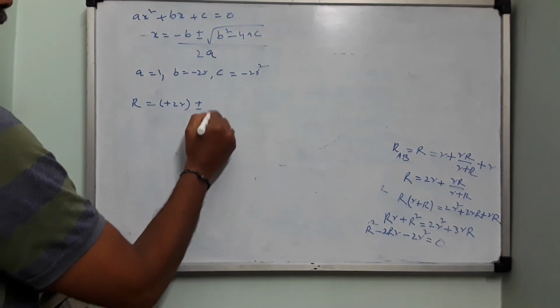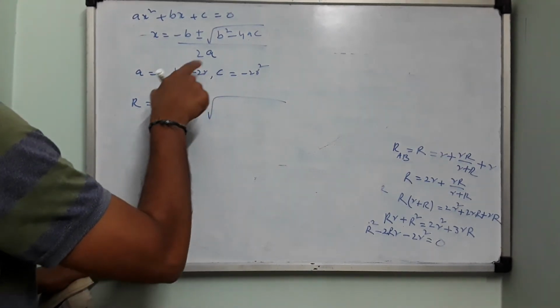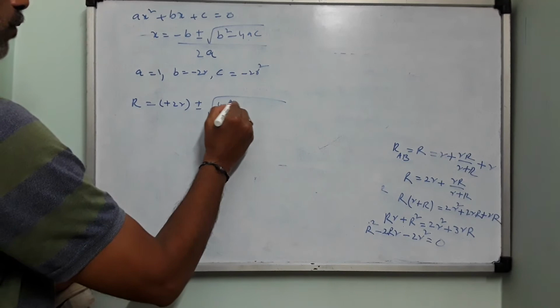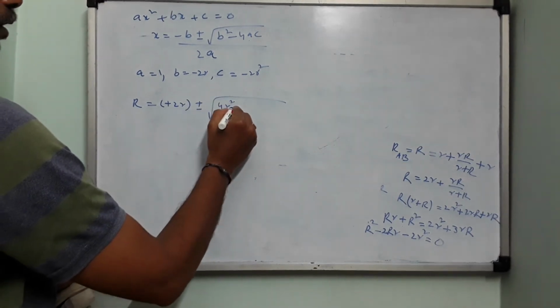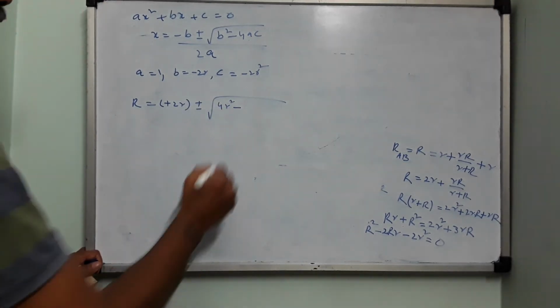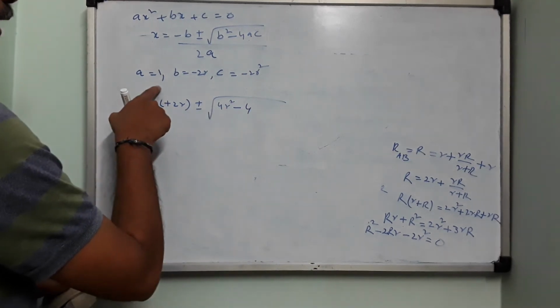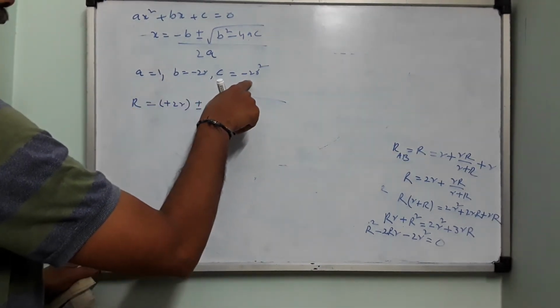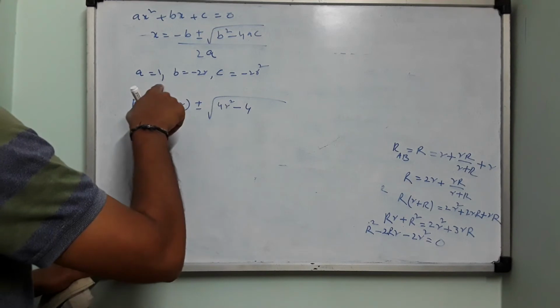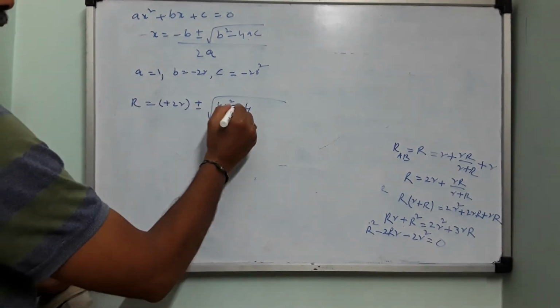Plus or minus root over B square, minus 2R whole square, 4R square, minus 4AC, 4 into A is 1, C is minus 2R square. So 1 into 2R square is minus 2R square, minus into minus.